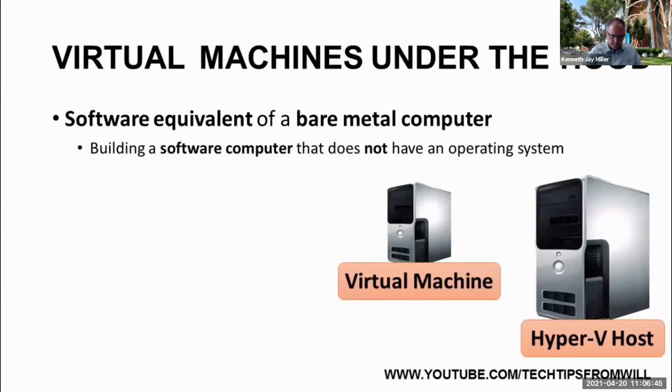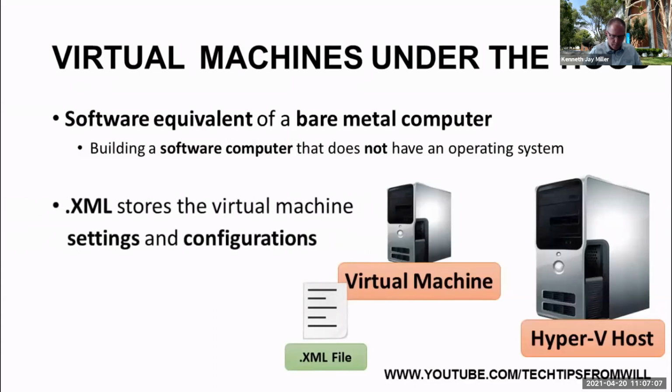After the virtual machine has been created, you are then able to install an operating system onto it. The virtual machine itself is essentially an XML file. That is, for every virtual machine you create, an XML file is created. The XML file stores all of the virtual machine settings and configuration data.